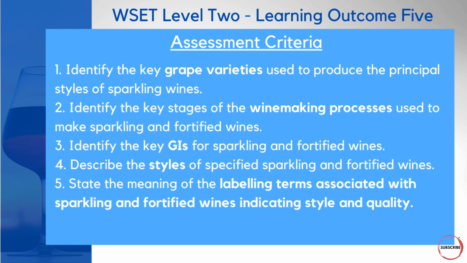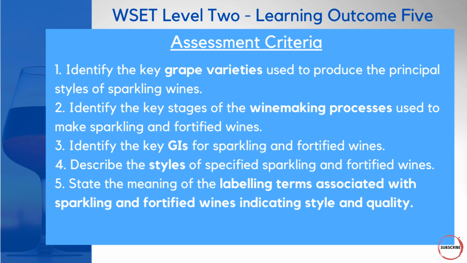They are as follows. You need to be able to identify the key grape varieties used to produce the principal styles of sparkling wine. You need to be able to identify the key stages of the winemaking processes used to make sparkling and fortified wines. You need to be able to identify the key geographical indicators for sparkling and fortified wines, as well as being able to describe specific styles of sparkling and fortified wines.